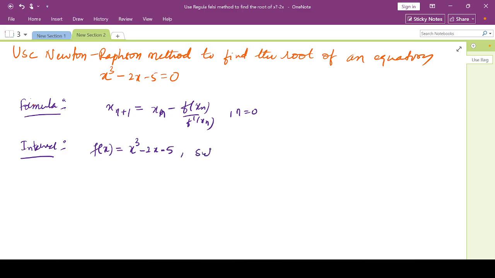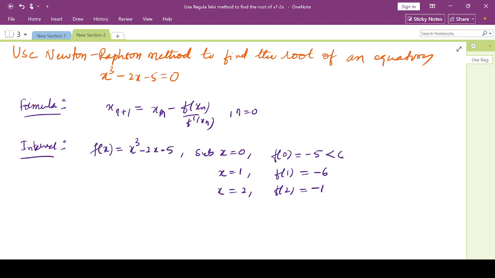Substituting x equal to 0, f of 0 is minus 5. Substituting x equal to 1, f of 1 is 1 cube minus 2 into 1 minus 5, which is minus 6. Substituting x equal to 2, f of 2 is 8 minus 4 minus 5, which is minus 1.